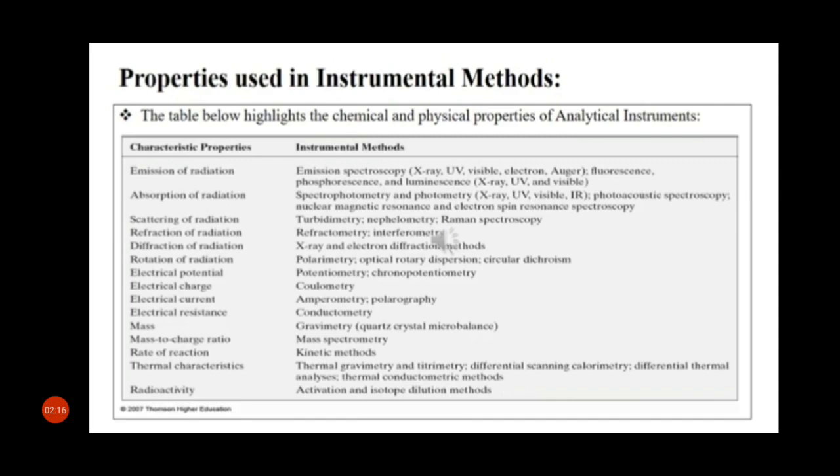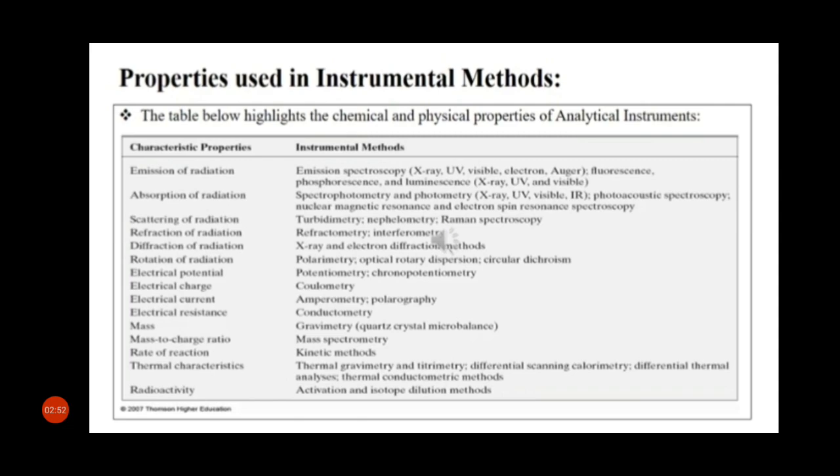Rotation of radiation, we use polarimetry, optical rotary dispersion, circular dichroism. Electrical potential, we use potentiometry, chronopotentiometry. Electrical charge, we use coulometry. Electrical current, we use amperometry, polarography. Electrical resistance, we use conductometry.